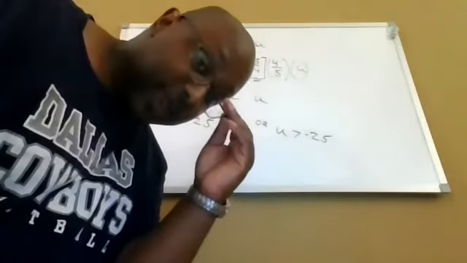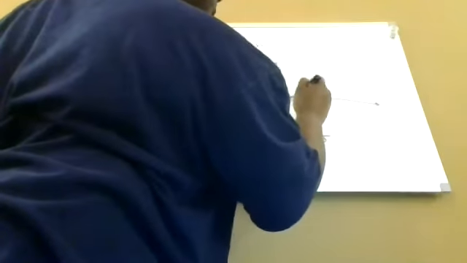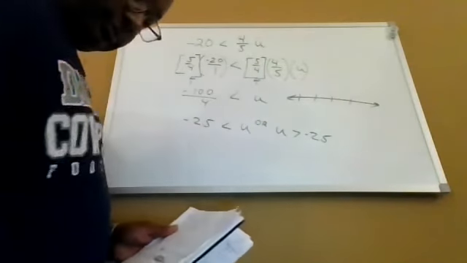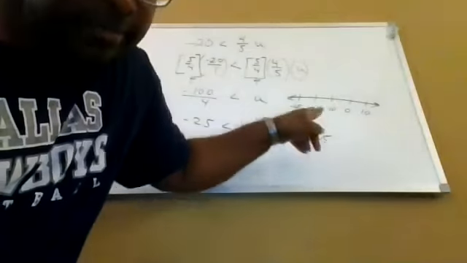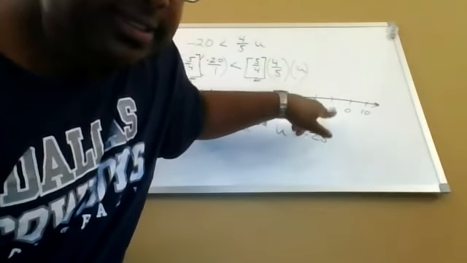Now let's graph this and then write the interval notation. On my number line, -25, writing it in bigger intervals: -25, -20, -10, 0, and then 10.